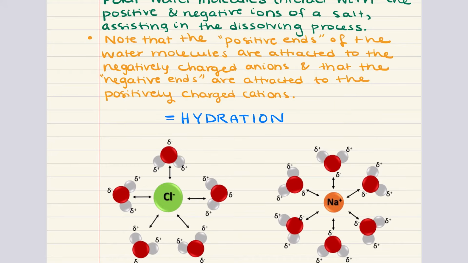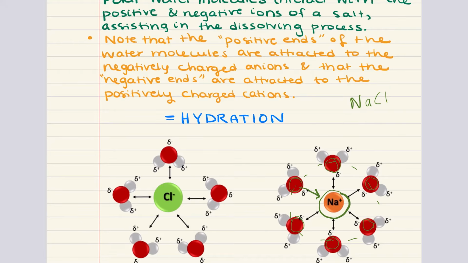water-ion interactions. So if we try to dissolve salt in water, say sodium chloride, what's going to happen is that the negative parts of the water molecules, the partially negative oxygens, are going to surround our sodium cation. They're going to hydrate this sodium cation with the oxygens facing towards it.